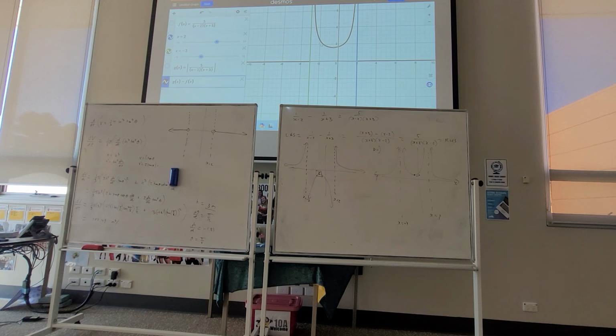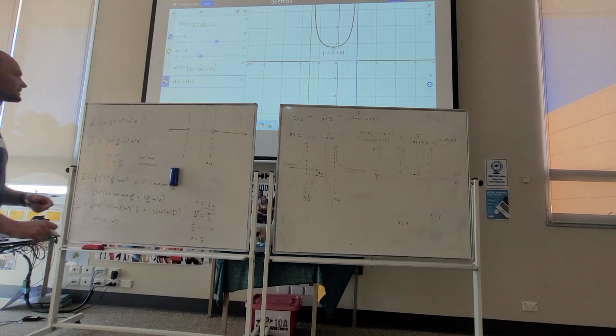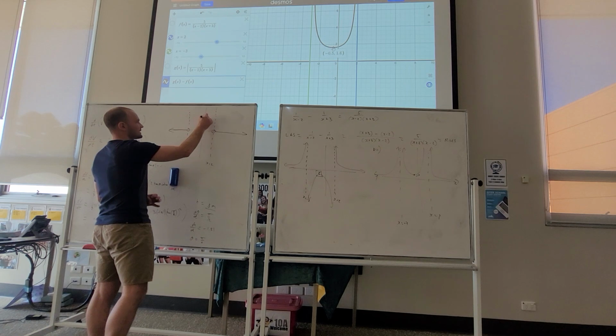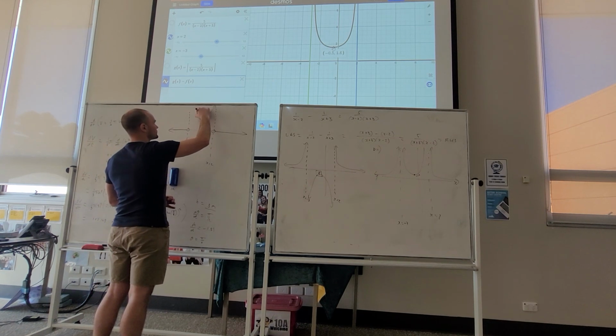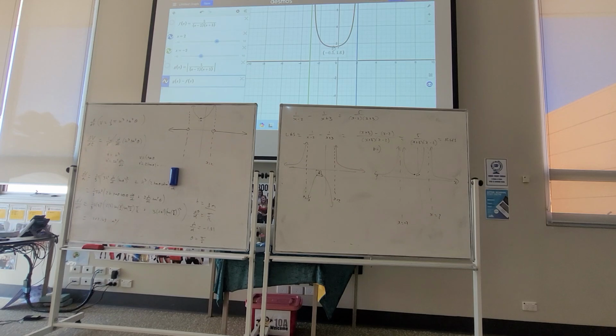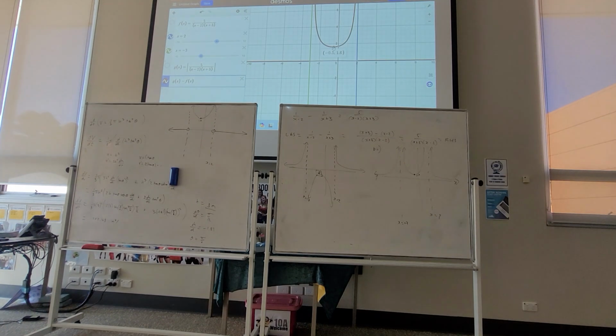And so that's where the new local minimum for this function is. It's sort of gone up in height. 1.6, and it still has the same x value.